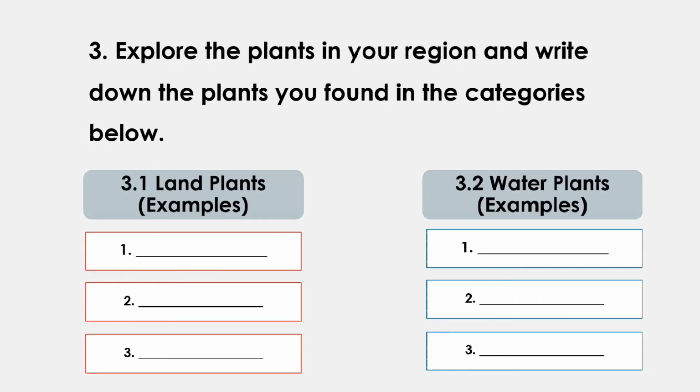Okay, let's go. We have number 3. We're going to explore the plants. Can you go out to your house and explore, or can you imagine what plants grow in your region, and write the correct answer in the right categories down below.